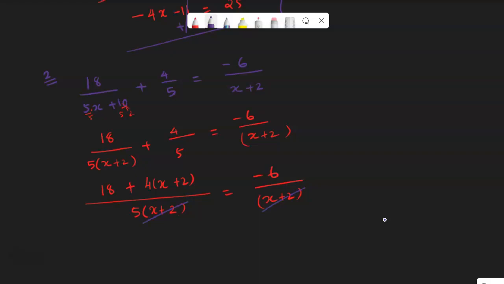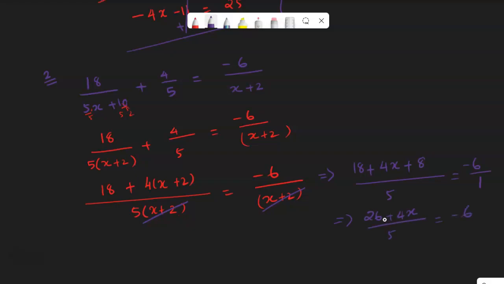Now the problem becomes 18 plus 4 times x, which is 4x, plus 4 times 2, which is 8, over 5, equal to negative 6 over 1. 18 plus 4x plus 8. 18 plus 8 is 26. So 26 plus 4x by 5 equal to negative 6.